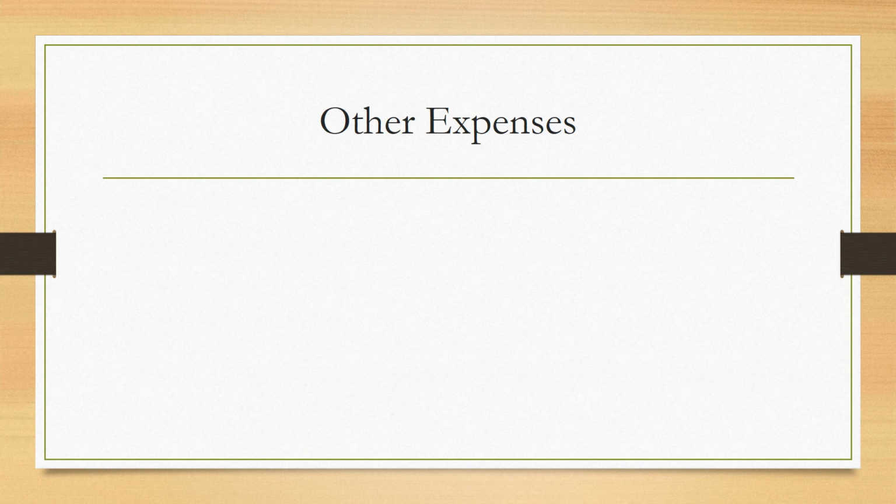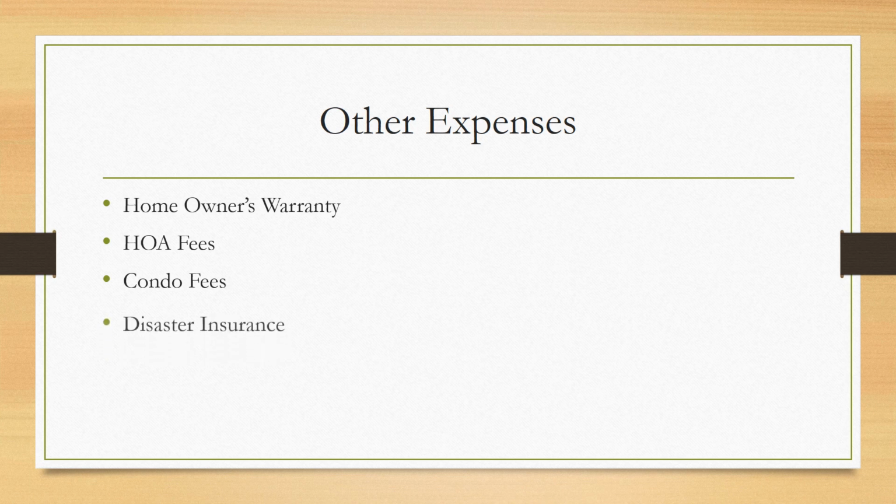But wait, there's more. There are other expenses that could easily raise our mortgage, such as warranty, homeowners association fees, condo fees, disaster insurance, mortgage insurance, and maintenance. And maintenance is very important.